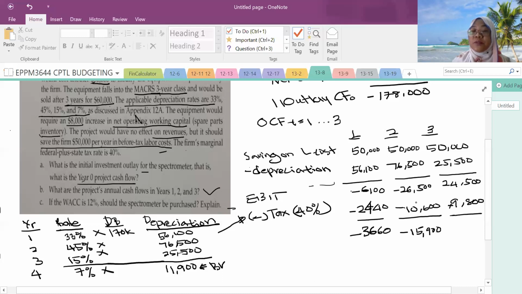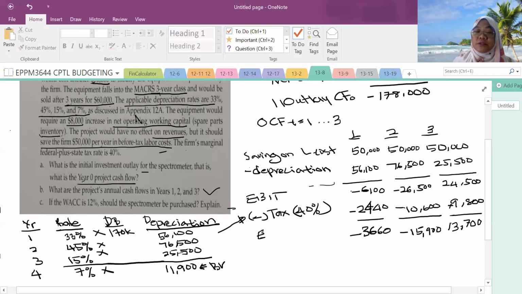This is what happens when we have a tax credit. Finally, we have 24,500 minus tax 9,800, so we'll have 14,700.